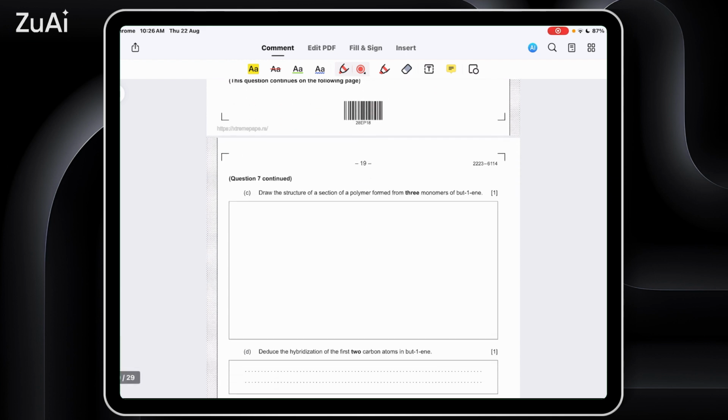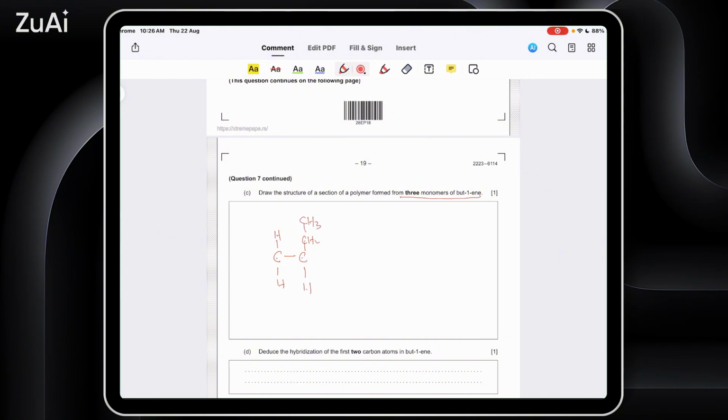Draw the structure section of the polymer of but-1-ene. We have to draw the structure. So since that is but-1-ene, that means double bond. If we remove the double bond there, so hydrogen. Now this carbon has CH2, CH3, 1, 2, 3, 4.